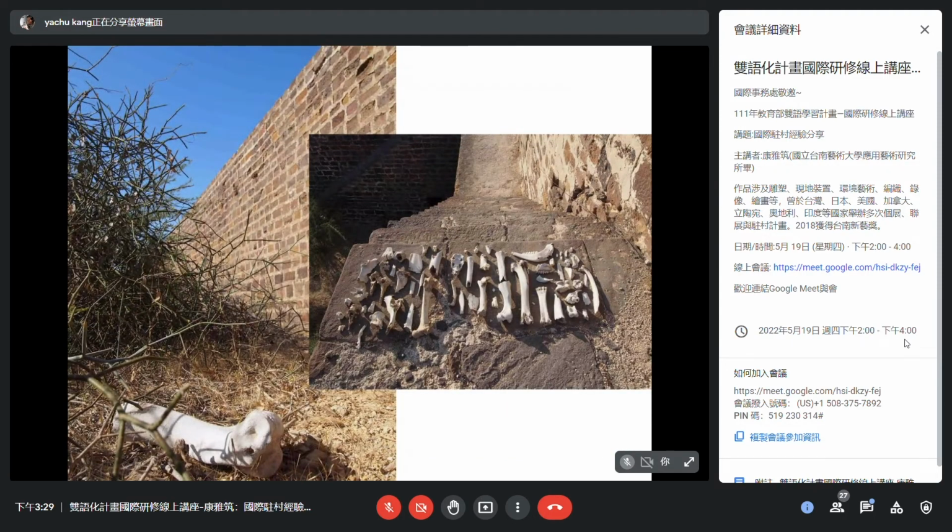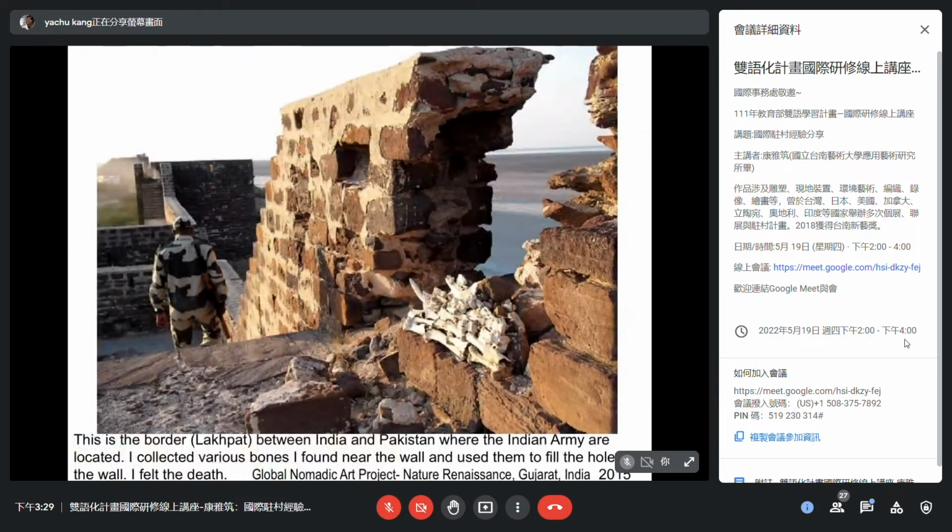So I spent the whole afternoon collecting bone around the border. And this is how much I can collect within 3 hours, 4 hours. So I had a bag and I found the bone and I put the bone inside my bag. And slowly, I start feeling the weight of the death. And then I found a missing part on the wall of this border.